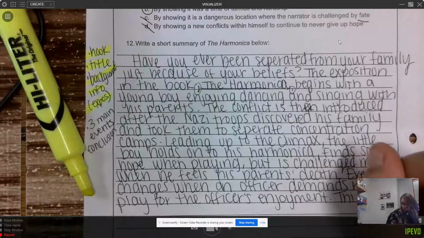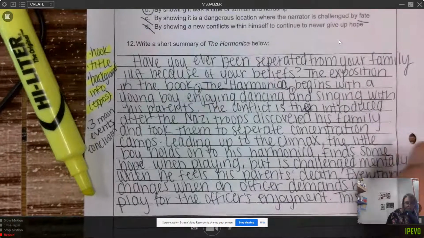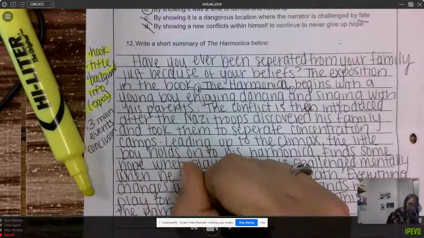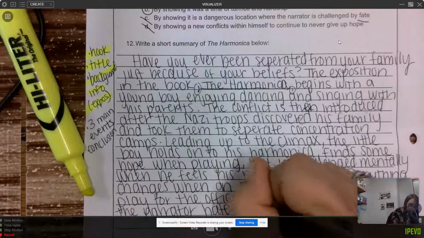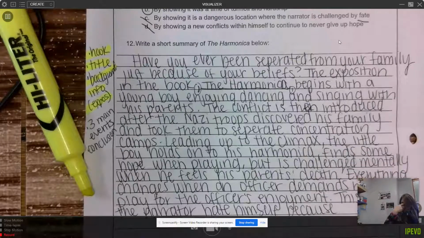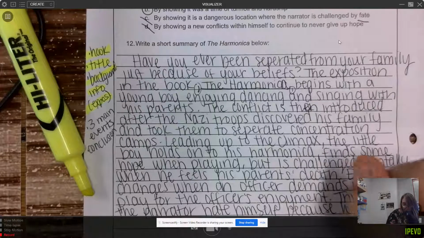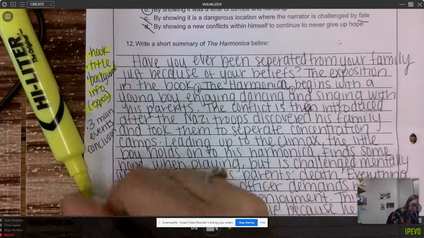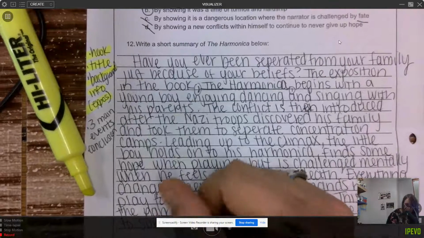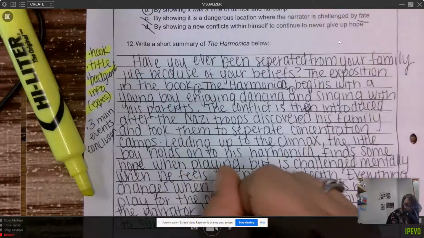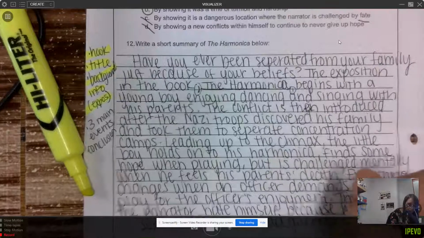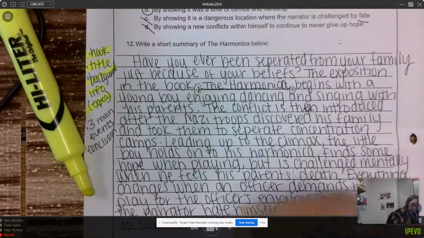This makes the narrator hate himself because he is able to survive off the bread given to him from playing.